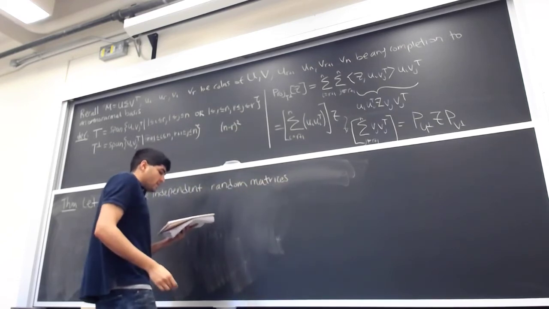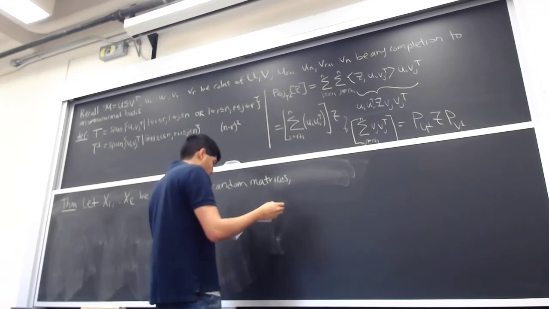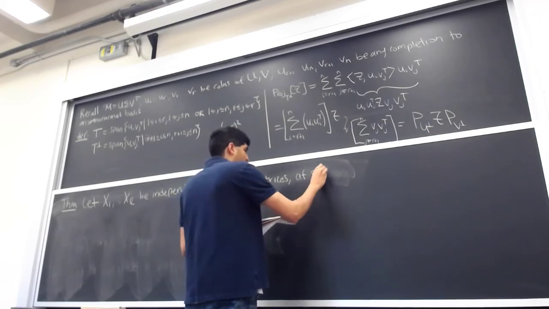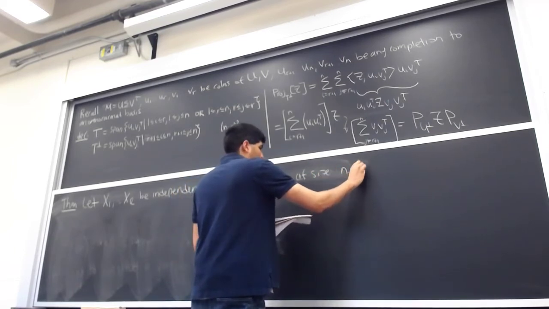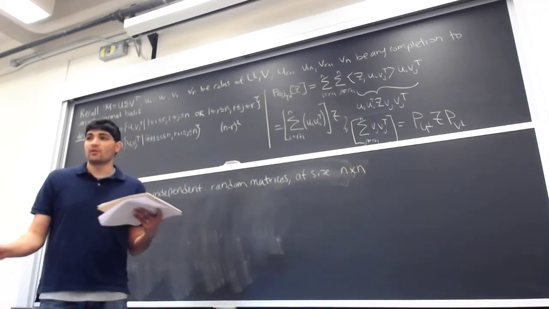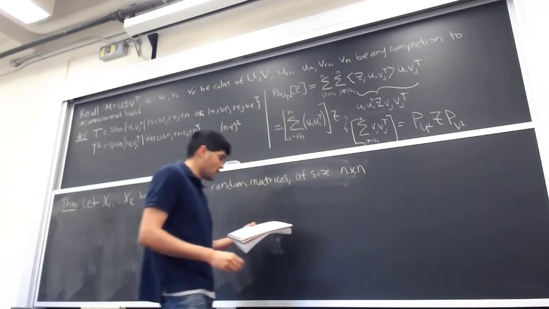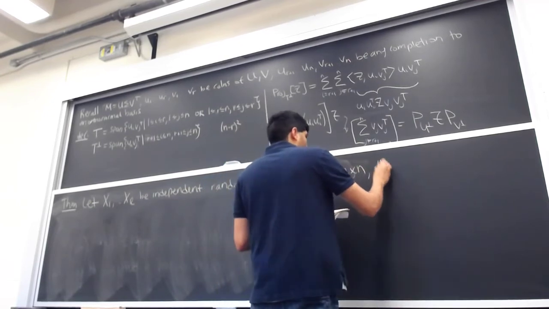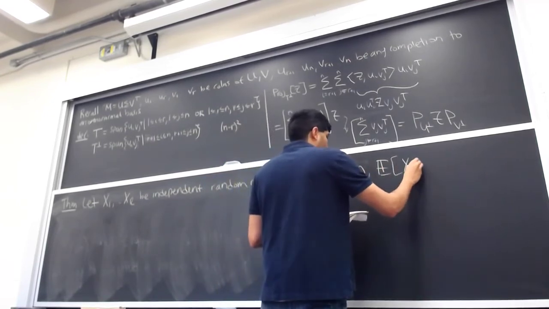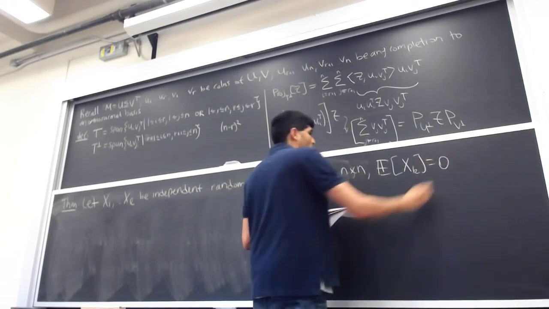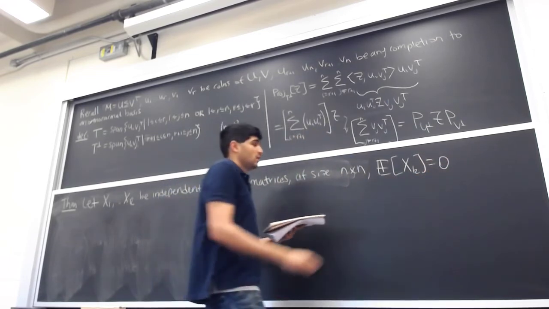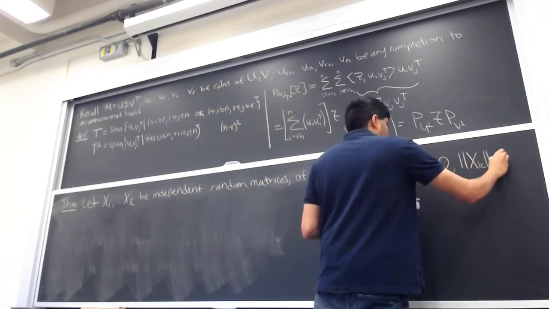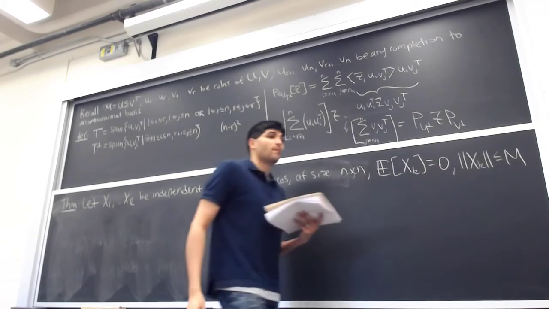They don't even need to be identically distributed, although in our setting they will be, of size n by n. You can also do it in the asymmetric case, nothing really changes. Let's keep our notation as simple as possible. Moreover, we're going to have the property that the expectation of xk is the all zero matrix, and that every xk, every realization of it, has operator norm at most some M.